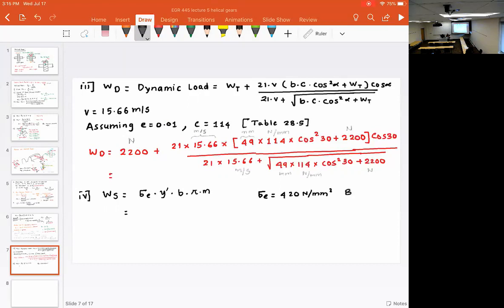BHN is the Brinell hardness number, 240, from table 28.8. Sigma E is 420.